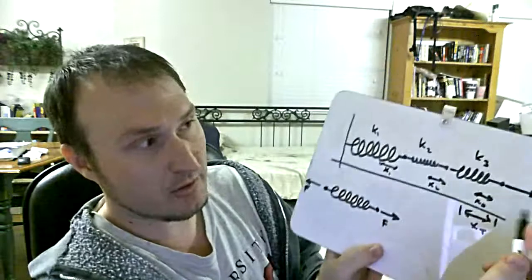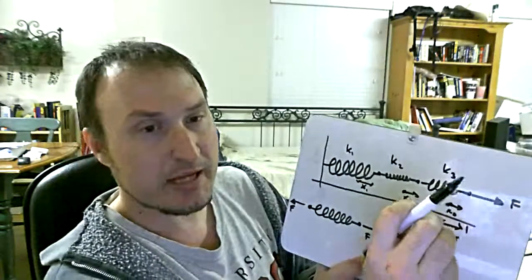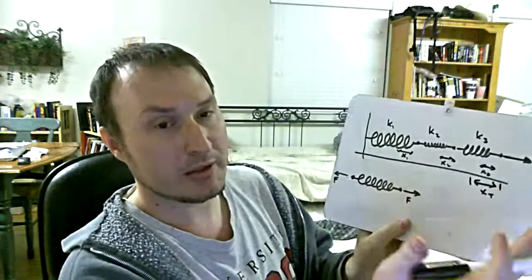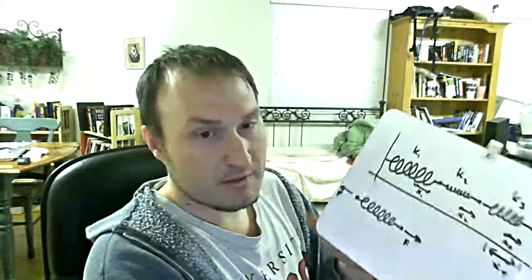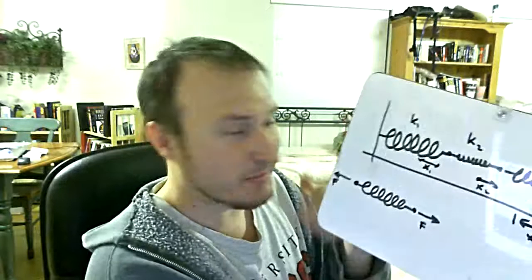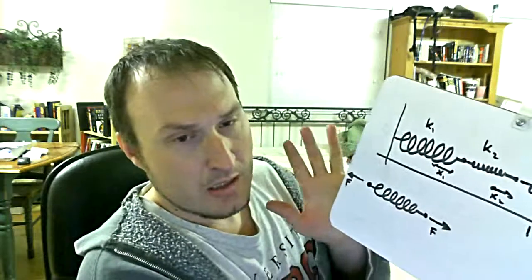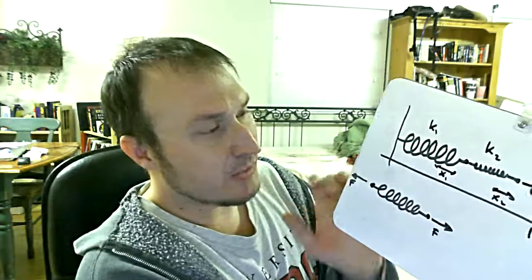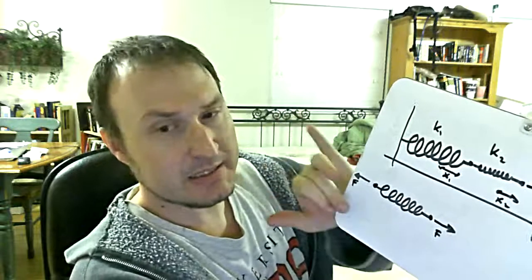Whatever force is working to displace the entire system goes all throughout all of the springs. And maybe that's completely obvious to some of you, but if it's not, then I'm being very pedantic about that. But anyway, the other thing to note here is what F is going to be in the case of this specific spring.